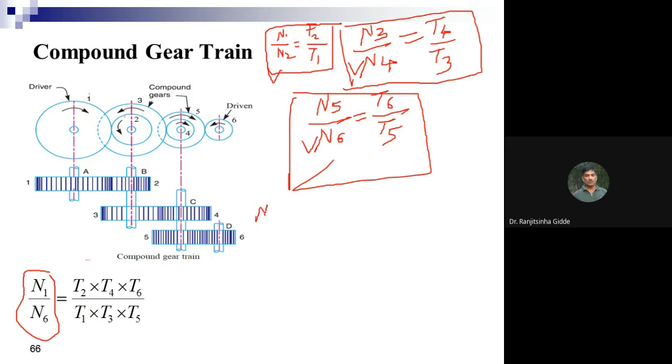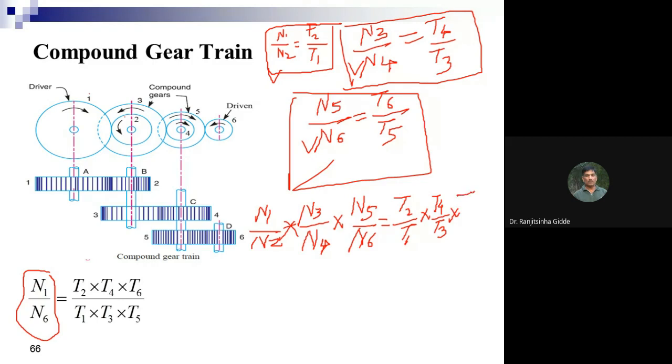So I'll write here n1 upon n2 into n3 upon n4 into n5 upon n6 is equal to t2 upon t1 into t4 upon t3 into t6 upon t5, right?